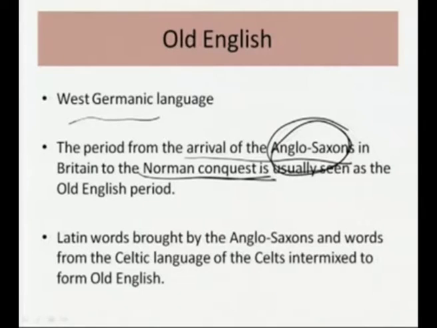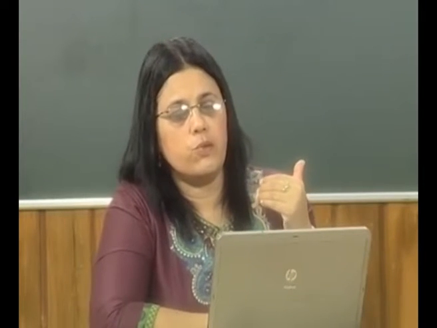So, just a while ago, remember we learned that there were two varieties of the Celtic language, and then with the coming in of the Anglo-Saxons, okay, we can, in a very general way, quite safely say that Old English contains words from these European tribes that came into Britain and the already existing Celtic language. Hence, Latin words brought by the Anglo-Saxons and words from the Celtic language of the Celts intermixed to form Old English.